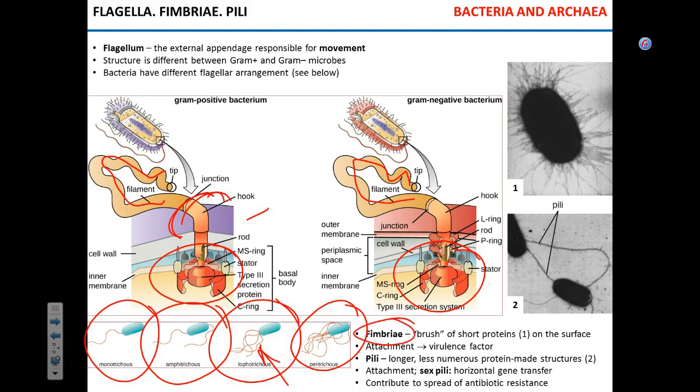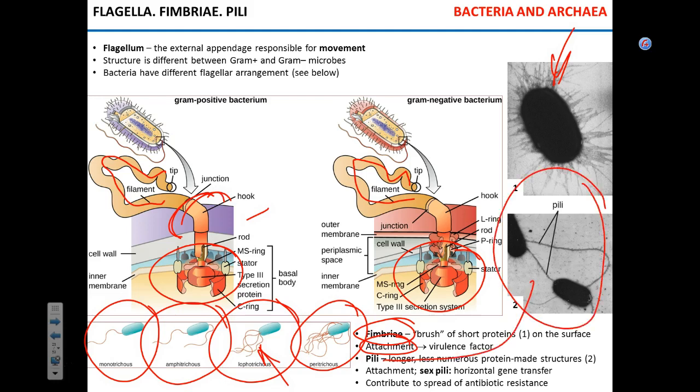Fimbriae. Here's the brush of short proteins on the surface of the cell. Fimbriae contribute to the attachment. If bacteria can better attach to the surfaces, is it more or less virulent? Speak up. More, meaning fimbriae are a virulence factor. Finally, pilus.